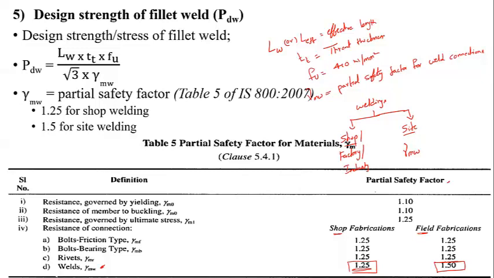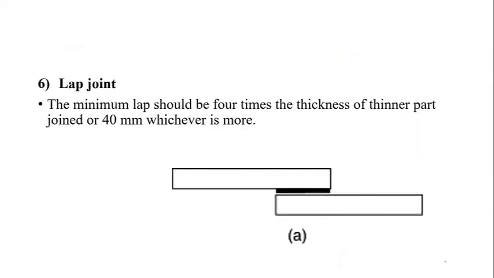The sixth specification is the lap joint. The minimum lap should be 4 times the thickness of the thinner part. You know the lap length, the length up to which the two plates are overlapped. This is called the lap length. So the minimum lap length should be 4 times the thickness of the thinner part, or 40 mm.